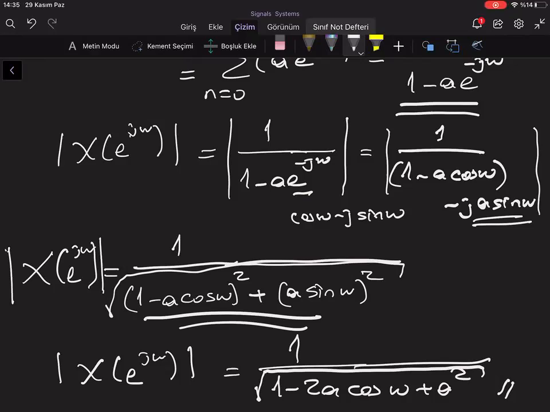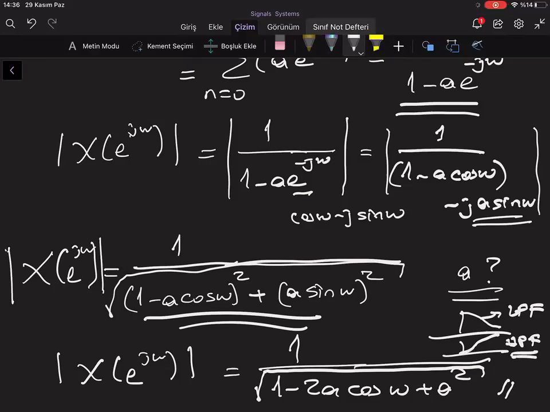Is this a low pass filter? Is this a high pass filter? It depends on a. If the graph is something like that, it will be a low pass filter. If the graph is something like that, the filter will be a high pass filter.